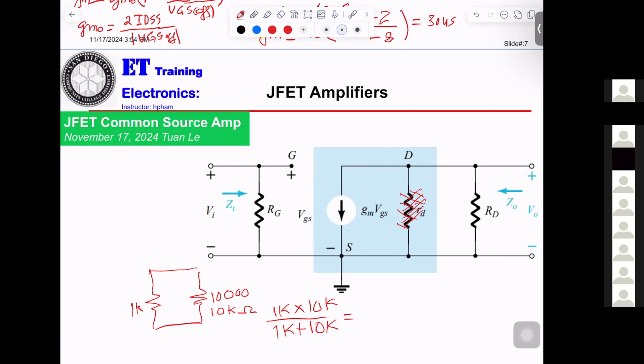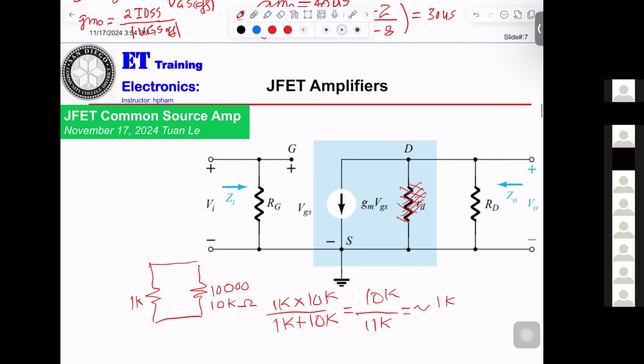The answer is going to be smaller than the small one. So basically, it is almost 1K. That's only telling you that if two resistors are in parallel and one is too big, then they don't care about that too-big one.